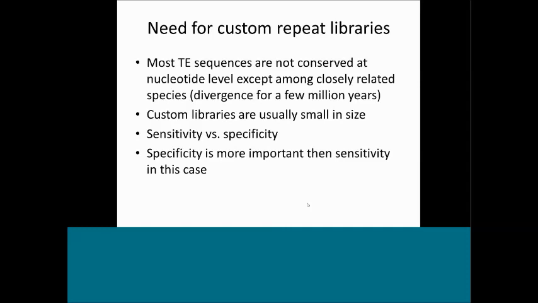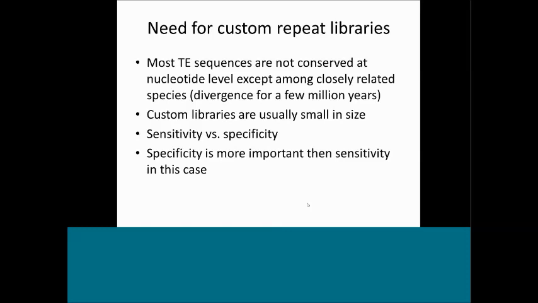For example, if you have the maize repeat library and you are sequencing a wild species like teosinte, you can pretty much use the maize repeat library to mask it. But otherwise, if your genome diverged by more than a few million years from the genome you have a repeat library for, you should build a repeat library for your genome.